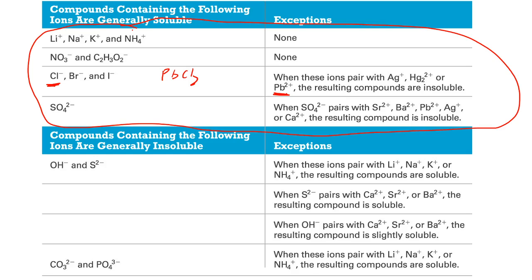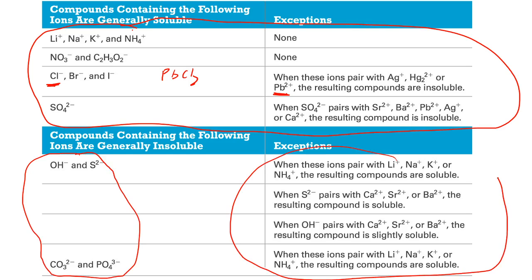The bottom half are usually insoluble, so our hydroxides, our sulfides, our carbonates, and our phosphates, and they have these exceptions over here. Now I'll point out one thing about reading this table: your hydroxides and sulfides have 3 categories. For the purpose of solving problems in this class, we're going to treat the terms slightly soluble and soluble the same, but that's not really quite true, and in 12.12 we'll go into detail of what that might look like.